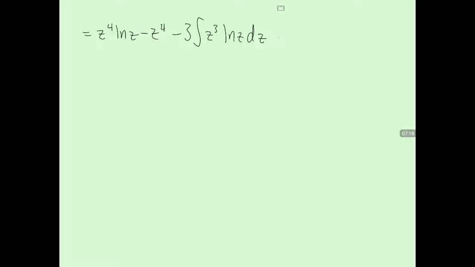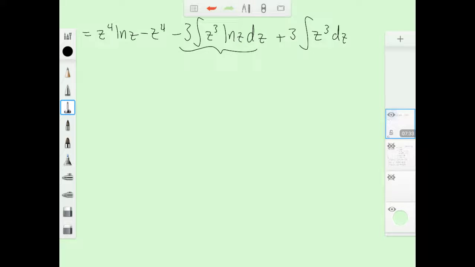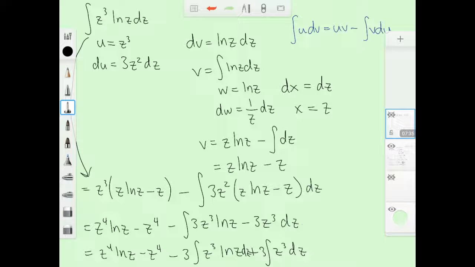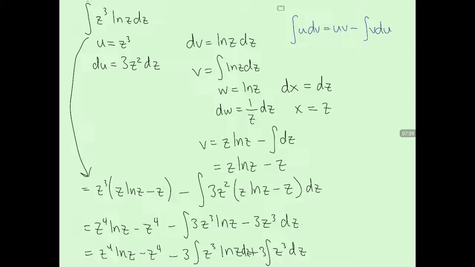And this is going to be plus 3 times the integral of z cubed dz. And notice that this right over here is 3 times our original integral. So if we go back to here, we can see that our original integral is the integral of z cubed ln z dz.